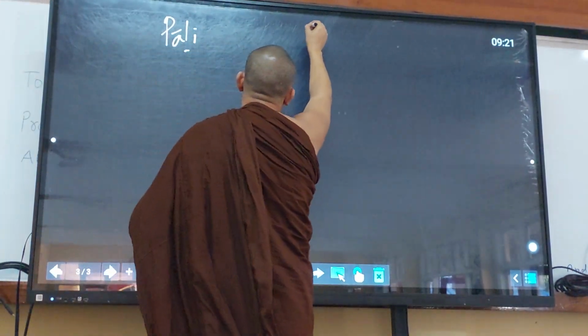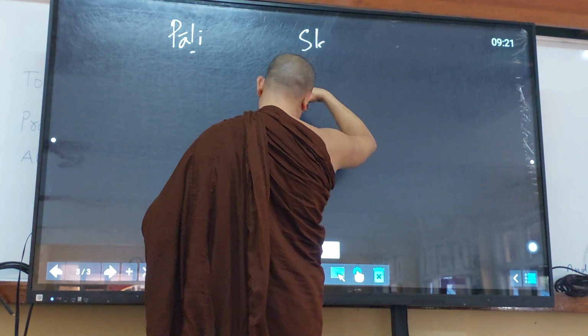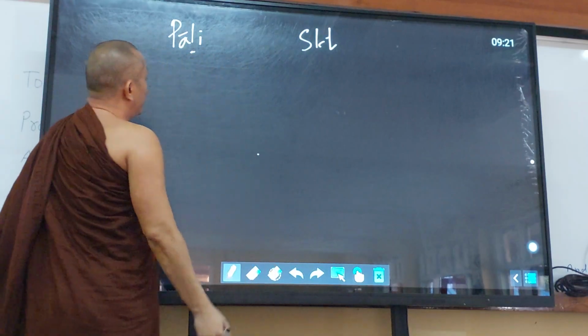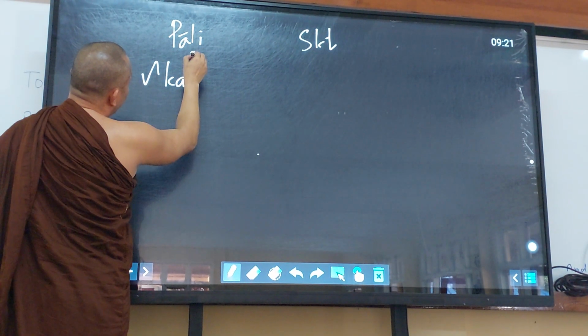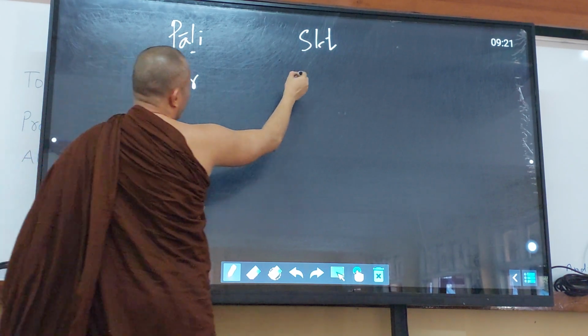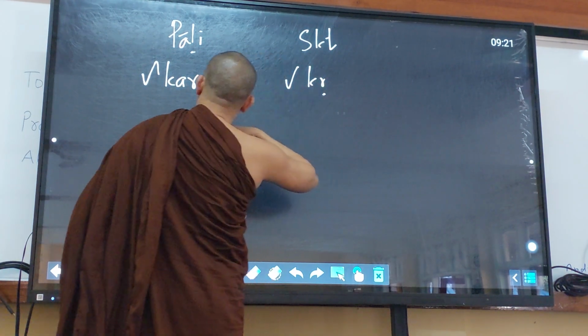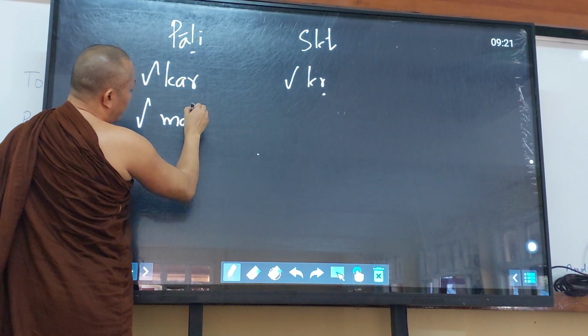So Pali root and the Sanskrit root. Pali root is, kar, but Sanskrit is kari. Sanskrit is, Pali is mar.